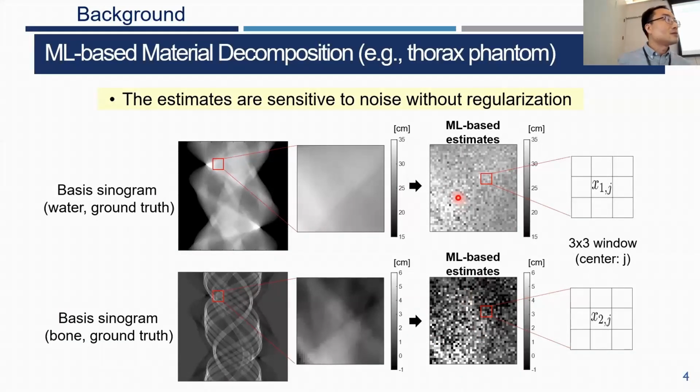Okay, so that's the starting point. Your title says decomposition and photon counting CT. Is this work specific to photon counting CT? Well, it looks like any dual energy method, right? Yeah, that's right.